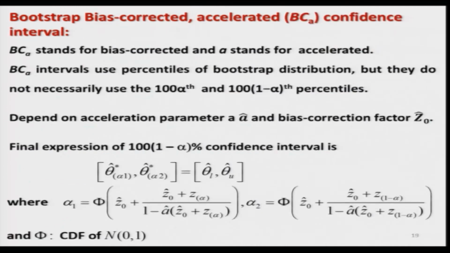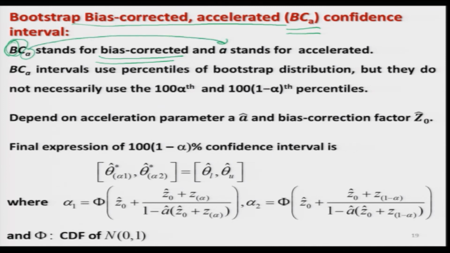Right. Similarly, I will try to give you a quick review of another approach to construct the bootstrap confidence interval. This is the bootstrap bias corrected accelerated confidence interval, which is shortly called BCA, where A is in the subscript. This BC stands for bias corrected, and this A stands for accelerated.